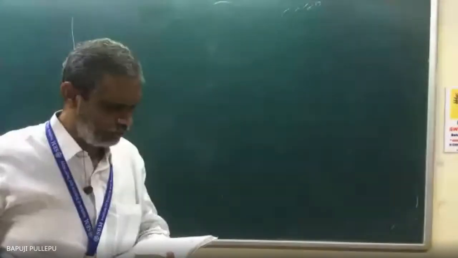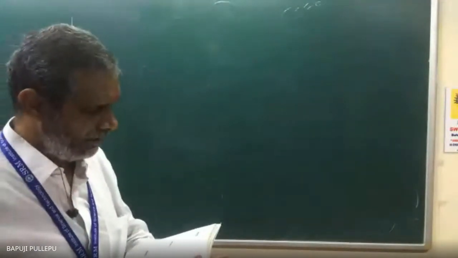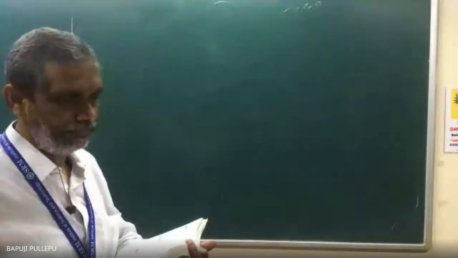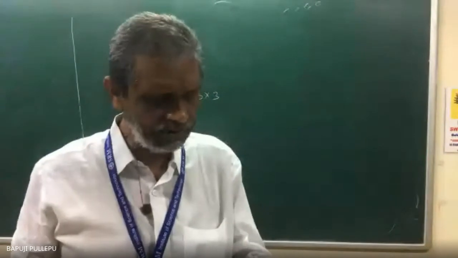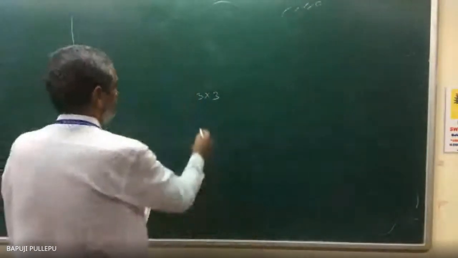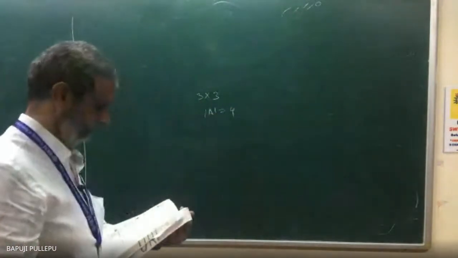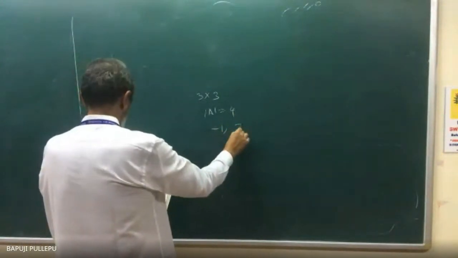Now take down this question: two of the eigenvalues of a 3 by 3 matrix whose determinant is equal to 4 are -1 and 2.